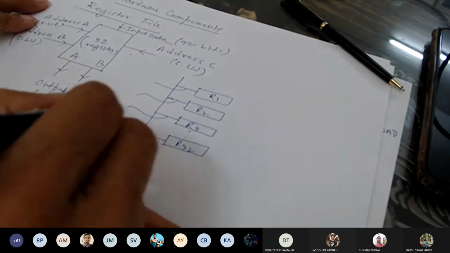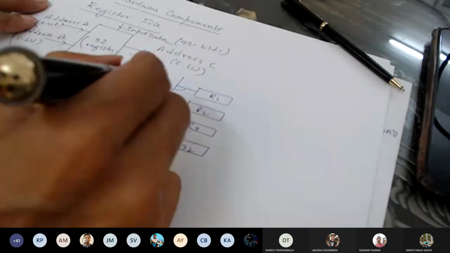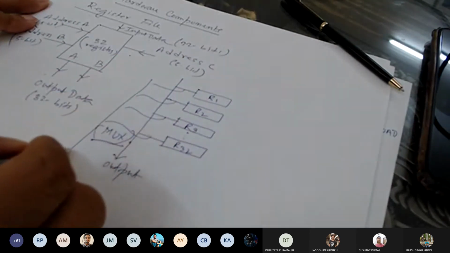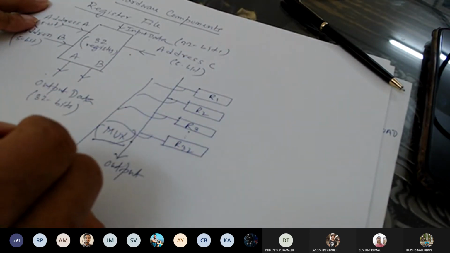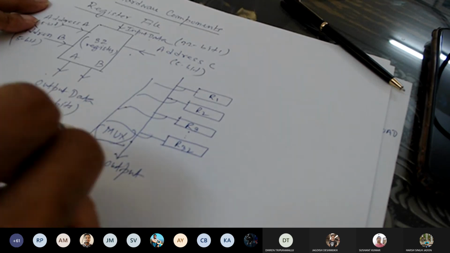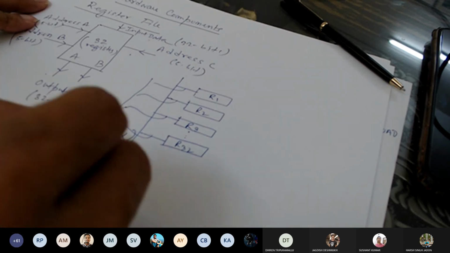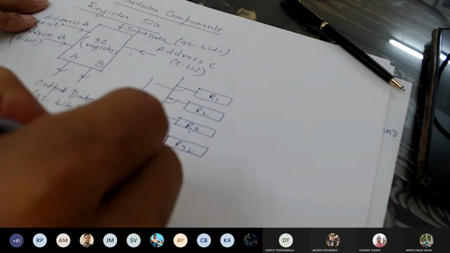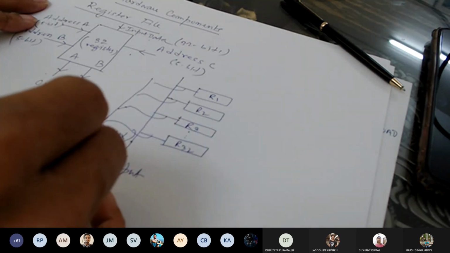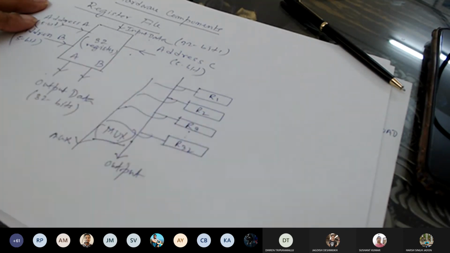Again, this is a dirty design I am doing; you can do it in a better way. The same value comes here, another multiplexer is here. This multiplexer selects one of the values from here, and this multiplexer selects one of the values from here.